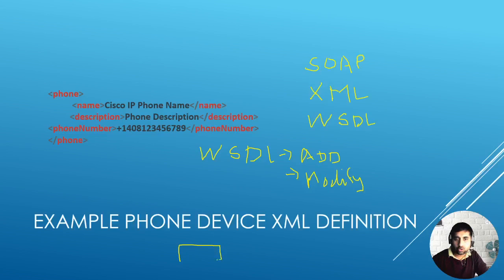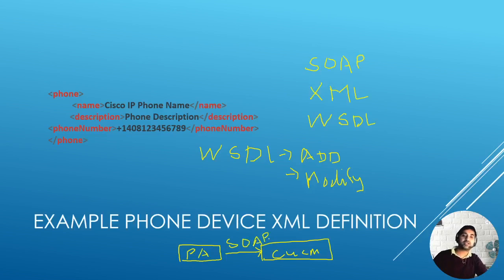So basically, whenever you want to send a request, let's say this is your provisioning application here, and this is your Cisco Unified Communications Manager. Whenever you send a request, it's in the form of a SOAP request. We will see shortly how a SOAP request looks, and how an XSD or XML schema definition looks, and where you can find it and how you can download it, all these things.